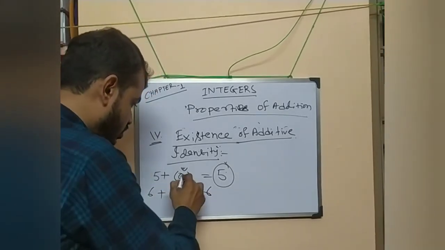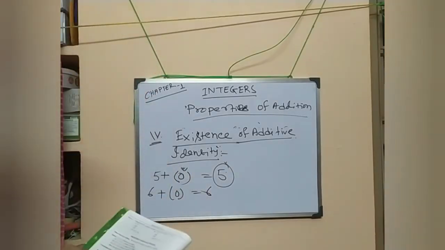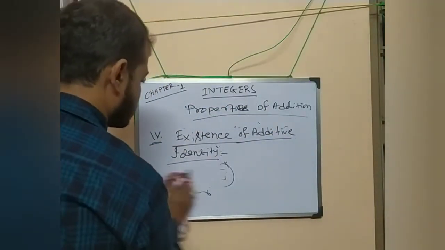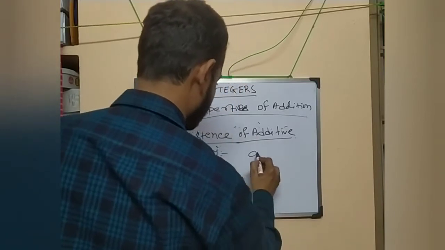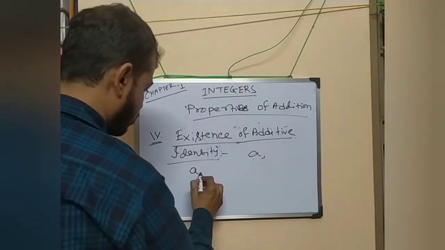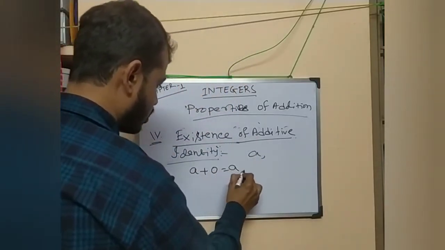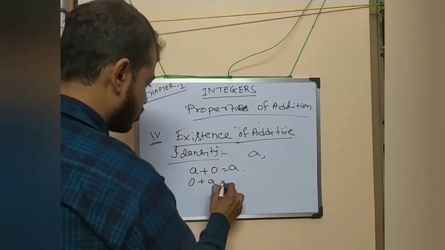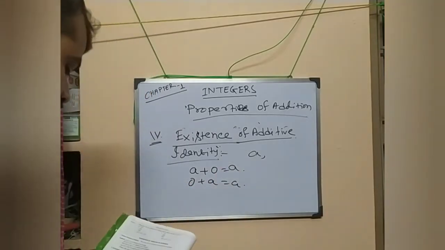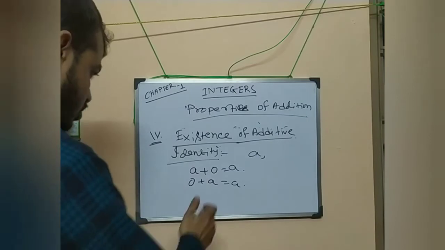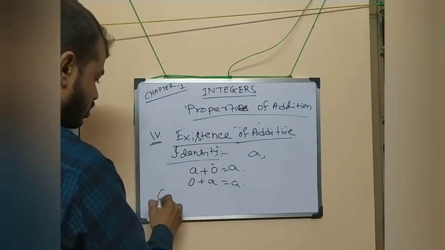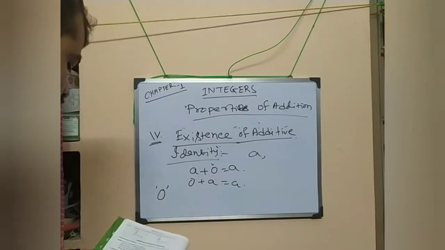So 0 is the additive identity. Now for any integer a, we have a plus 0 equal to a, or 0 plus a equal to also a. And for this, 0 is called additive identity.